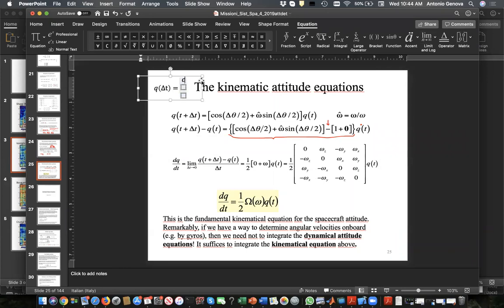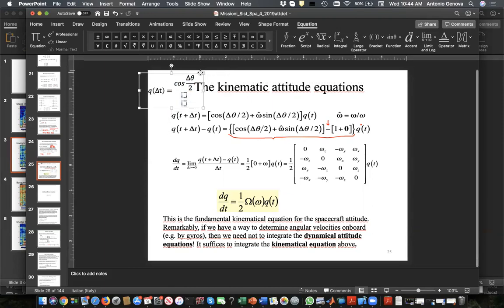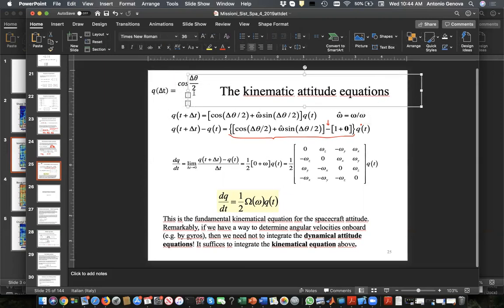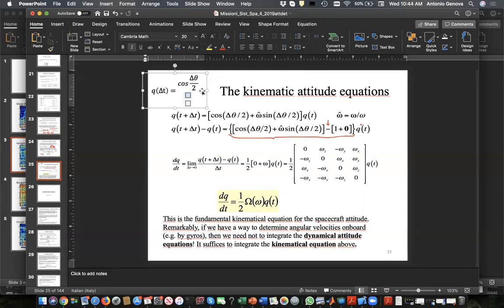Here will be the cosine of delta theta. Okay, so the other three elements will be Ex sine of theta.